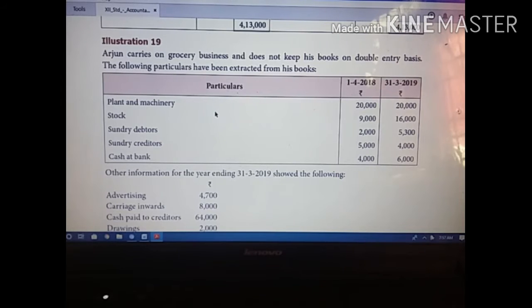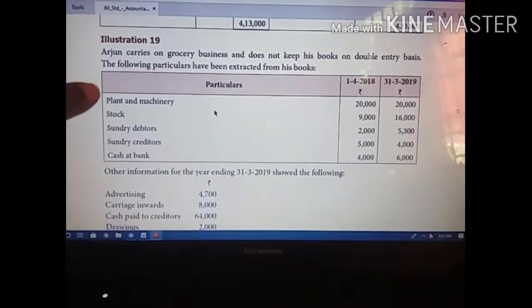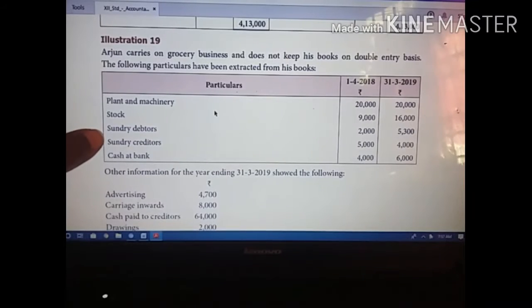While computing the opening capital, you have to use the opening information. If you see your question, there is a separate form of opening information and closing information, for example plant and machinery, stock, debtors, sundry creditors, cash at bank.